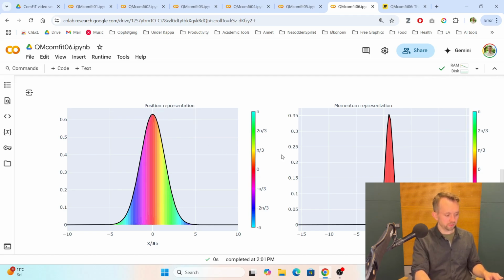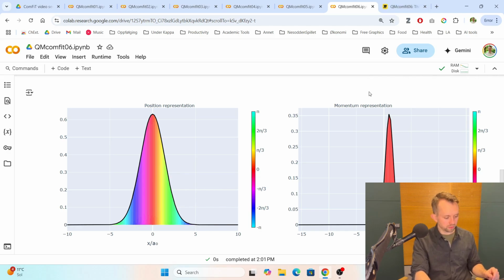So here in the Fourier representation we have kx on the x-axis, which goes from minus 15 to 15, and it's in units of a0 to the negative first power. Whereas here we have the x-axis in units of a0.